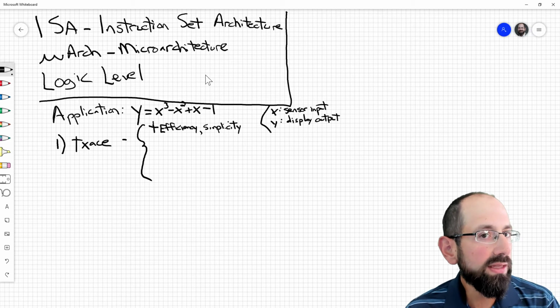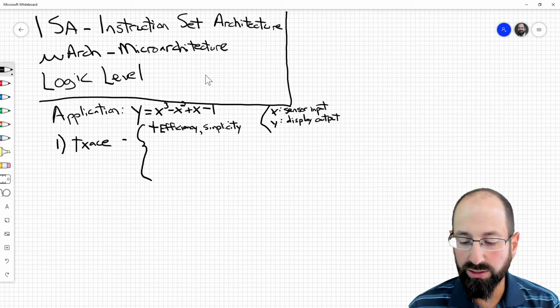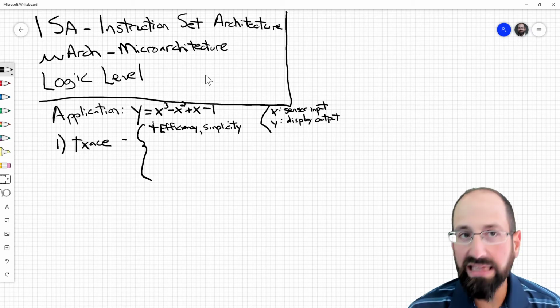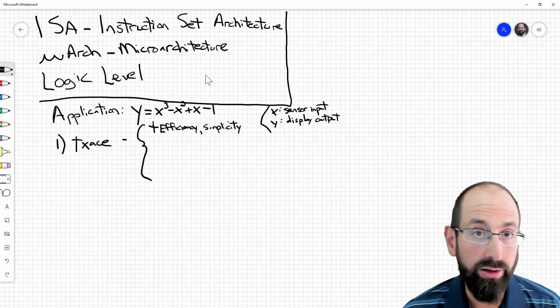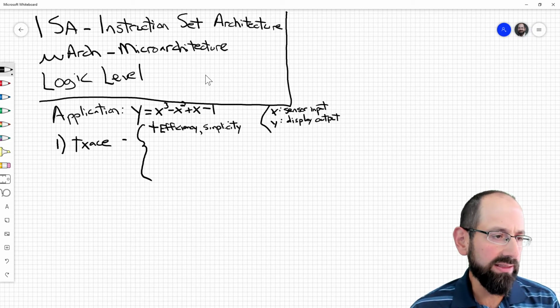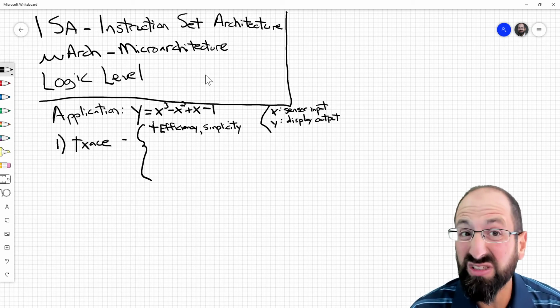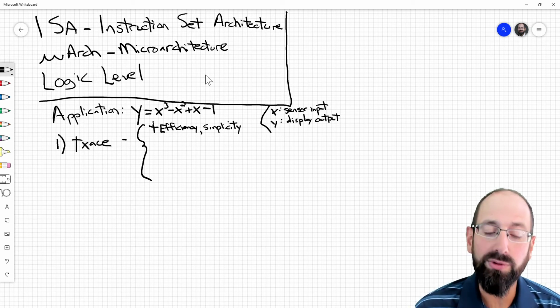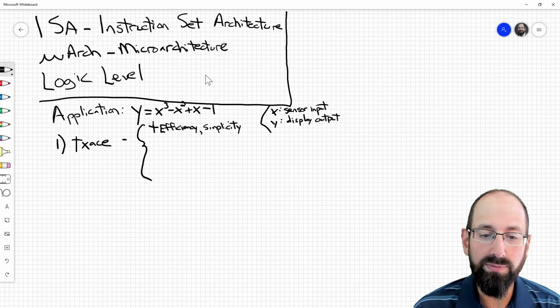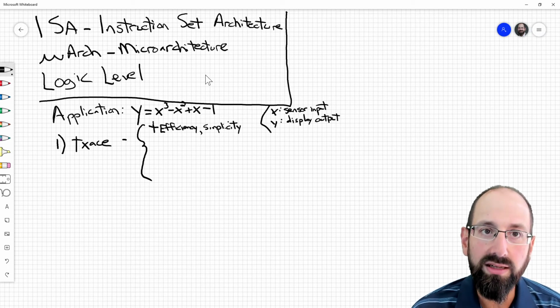But I think it makes some intuitive sense that if I just have one instruction and that's all that processor is required to support, I should be able to dedicate a lot of engineering hours towards that. I should be able to build a pretty efficient implementation, and certainly it's simpler. It gets points for simplicity here.